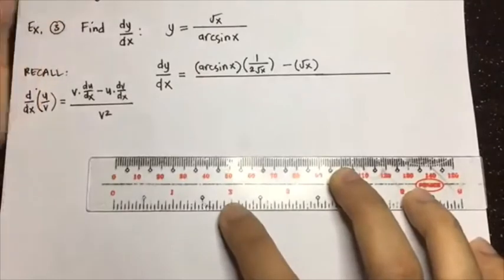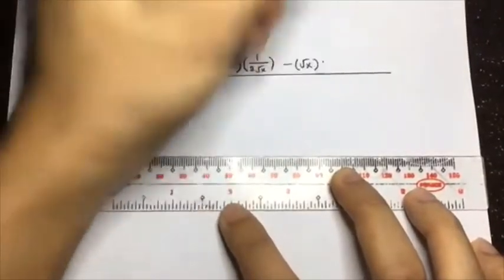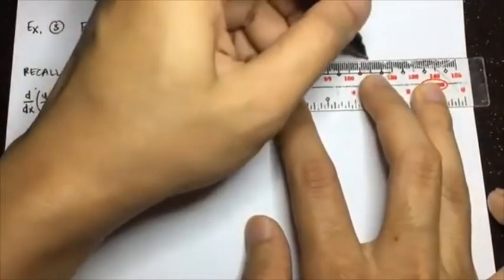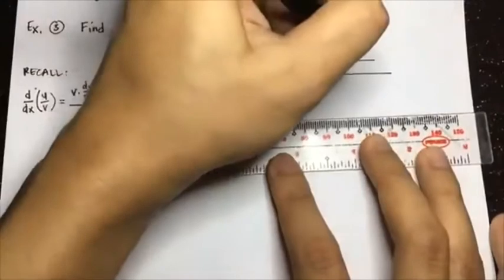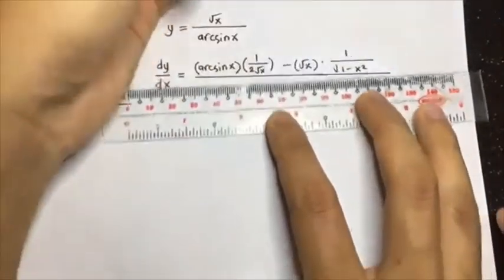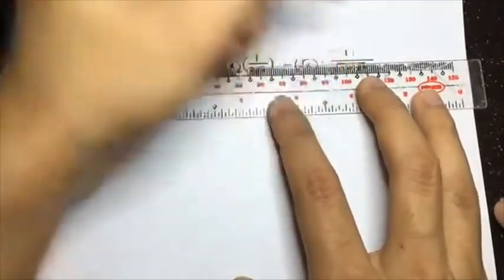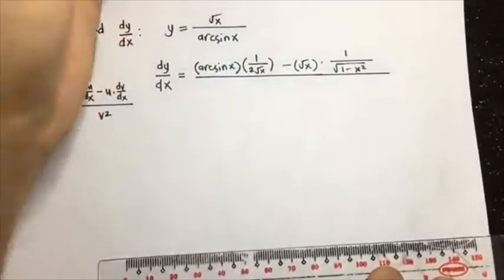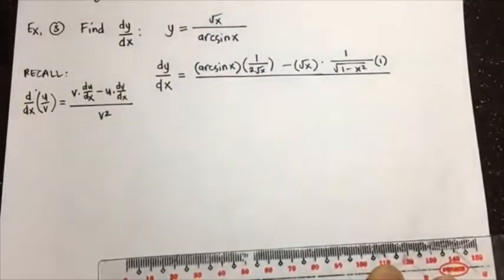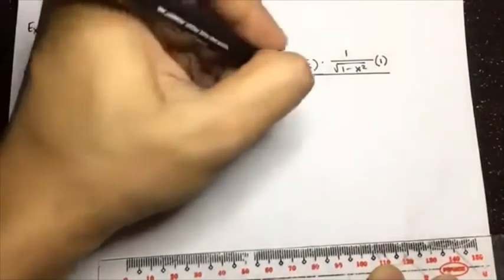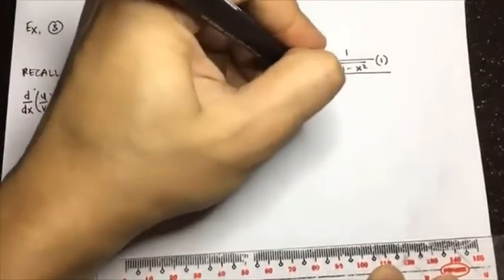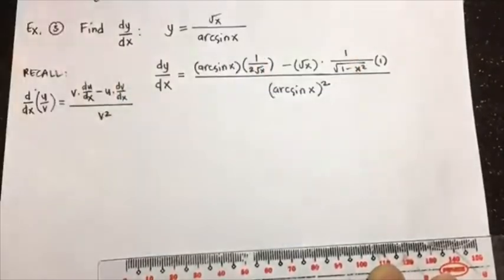So therefore it will be multiplied by one over square root of 1 minus x squared multiplied by the derivative of x with respect to x, so that is 1. Okay, over arc sine of x squared.